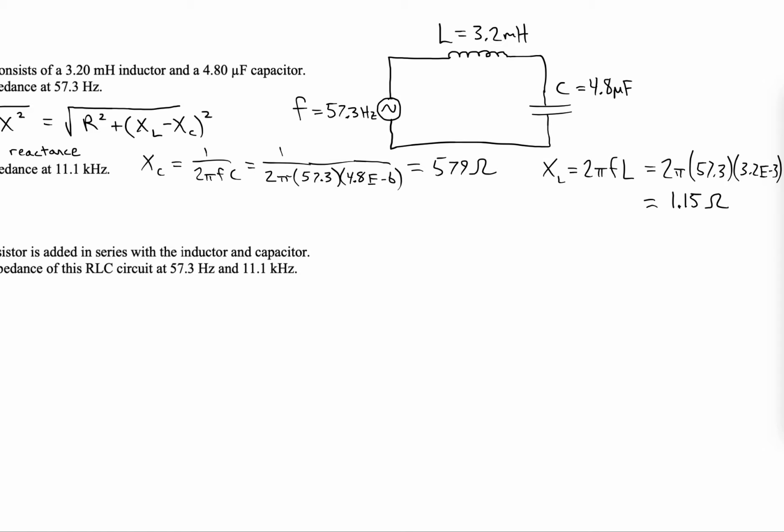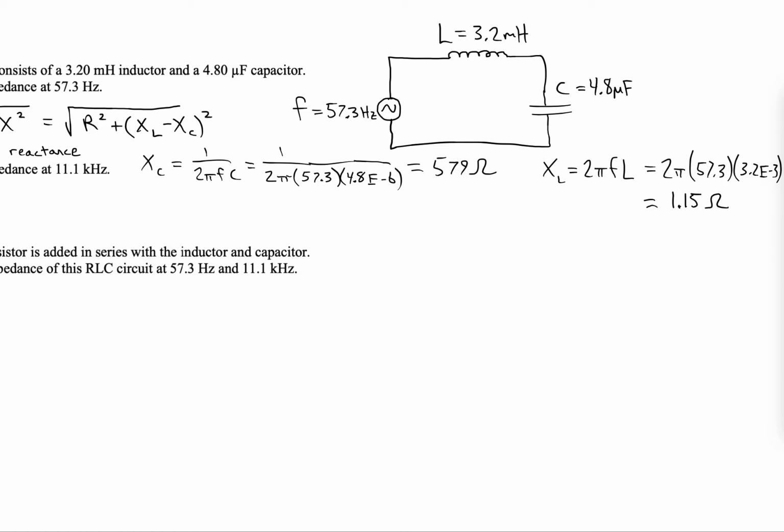Alright, so we can see that in this situation, the capacitor really dominates the circuit because it has a huge reactance there, 579 ohms. The inductor is not contributing much at all to the reactance.